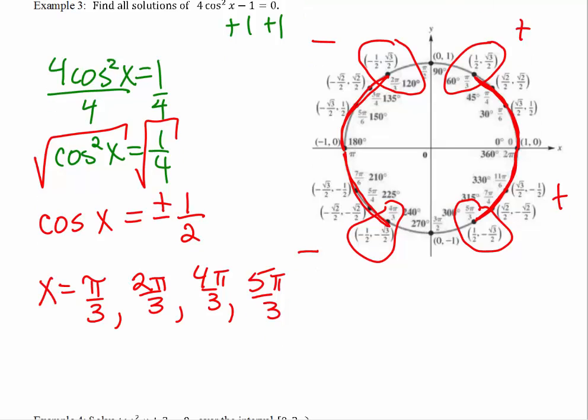Now we're looking for all possible solutions, not just the ones on the unit circle in that interval. So in order to find all possible coterminal solutions, we could add 2 pi n to each of these.